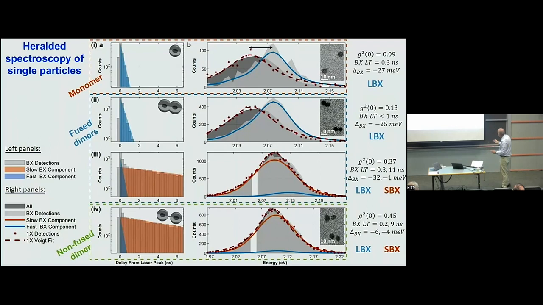But actually, there are about 30% that have a combination of both a fast component, which is a localized biexciton, minus 30 millivolt of this shifting peak, and also the lifetime is very short. It's just like this case. But also a proportion which is more like the segregated case. Long lifetime, 11 nanosecond, and almost no shift. Okay, so it's a coexistence of these two biexcitons.